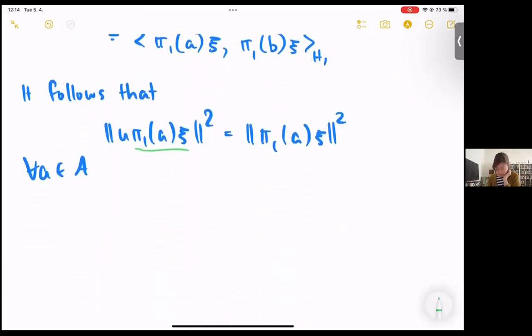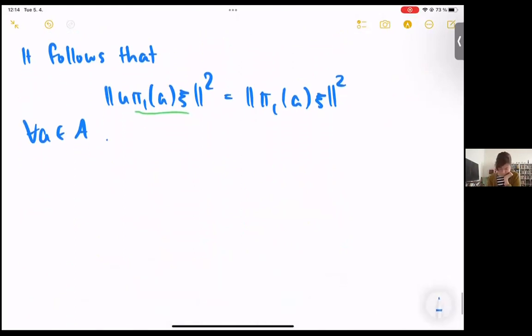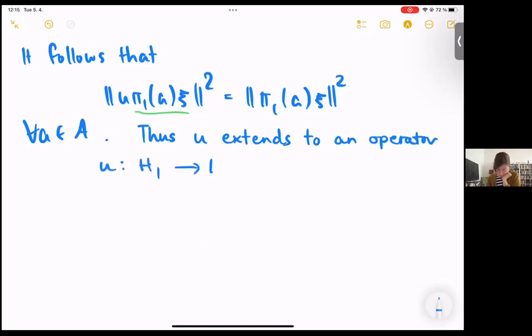So that means that this u is bounded on pi 1 A psi, and we can extend it from H1 to H2, which we'll just also call u.